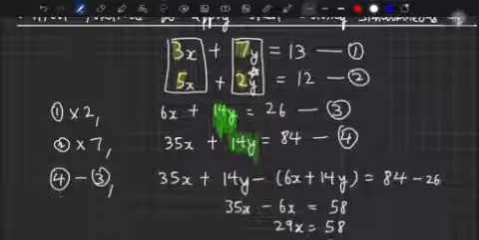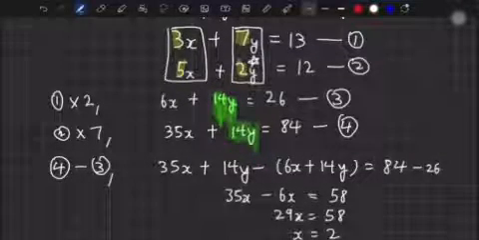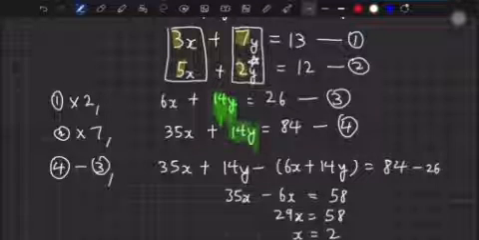Then with this, we will sub the x value into any of the equations. We can sub into equation 1, 2, 3 or 4, but we will sub into equation 1. Why 1 and not 3 and not 2? Actually, we can sub into any, but I choose equation 1 because the coefficient of x is the smallest.